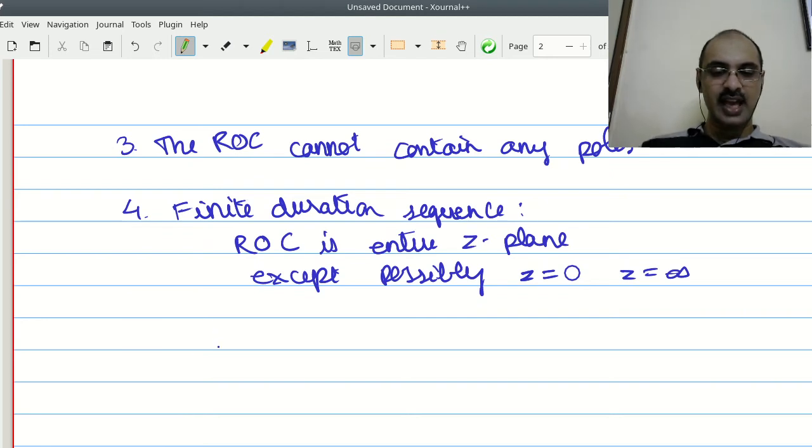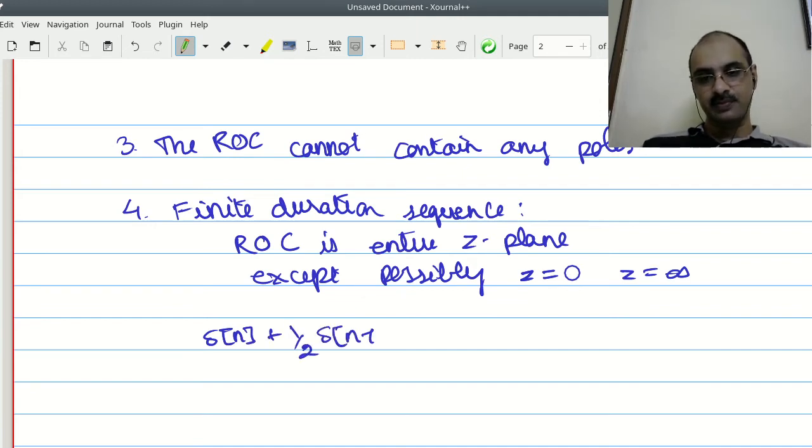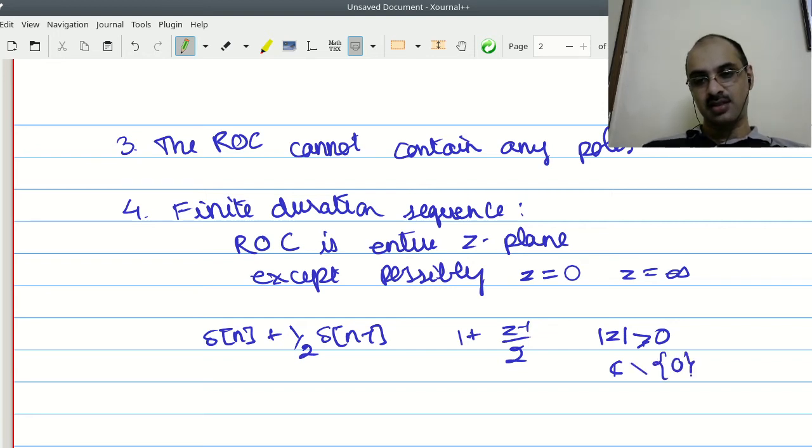For example, if you take any causal sequence, like delta[n] plus half delta[n minus 1], you will find that the Z transform is 1 plus z inverse by 2. Naturally, every value of z is admissible except z equal to 0. So the ROC is mod z greater than 0, or you can also write it as the whole complex plane minus just 0.